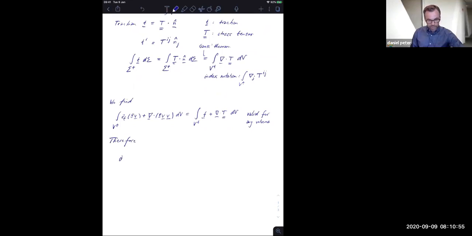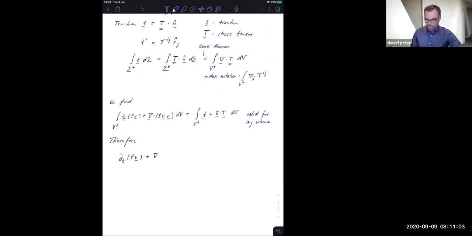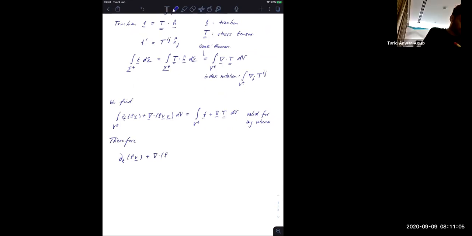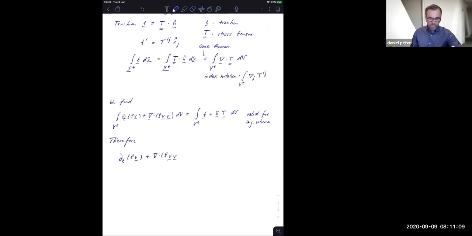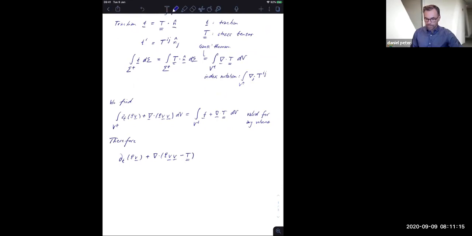So we have now the rate of change of rho times v plus the divergence of rho vv, and we can bring over the stress tensor, so we have it in the same divergence. It is equal to the force F.